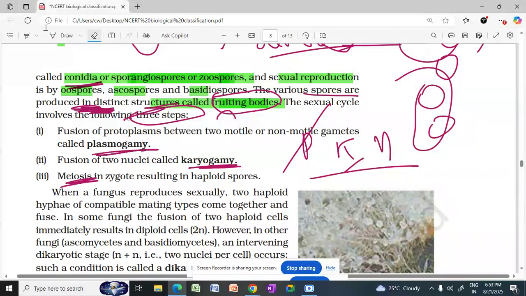You know what is protoplasm? You know what is the meaning of the word karyo in karyogamy? Karyo simply means here nucleus.